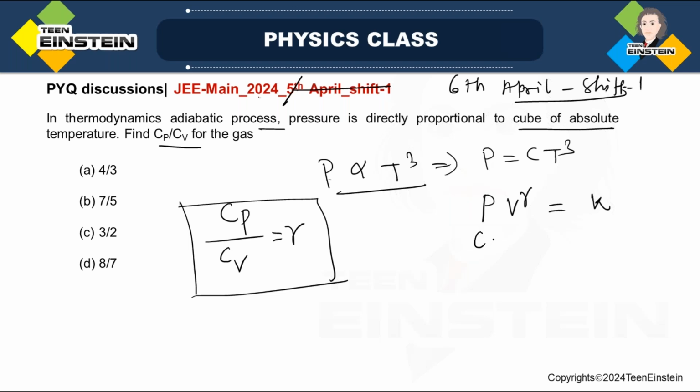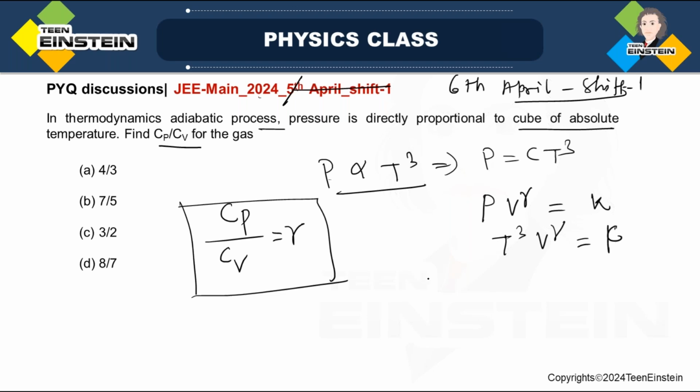So let me write C T to the power 3 V to the power gamma is equal to some constant. Since this is constant, I can divide K by C and get some other constant. Let me take that as C prime or K prime, let us say kappa itself. This is a constant term.